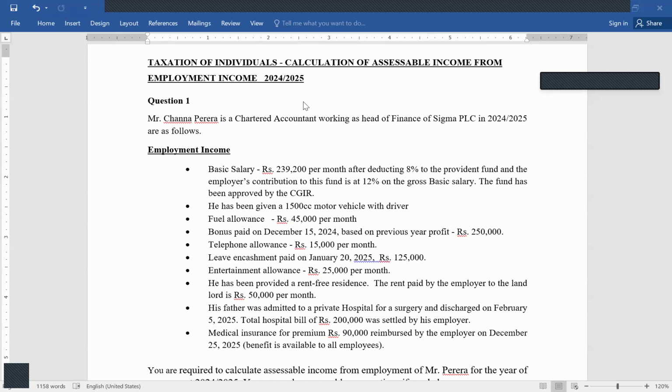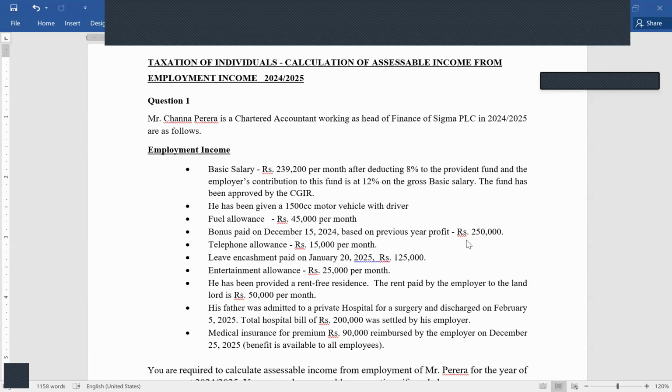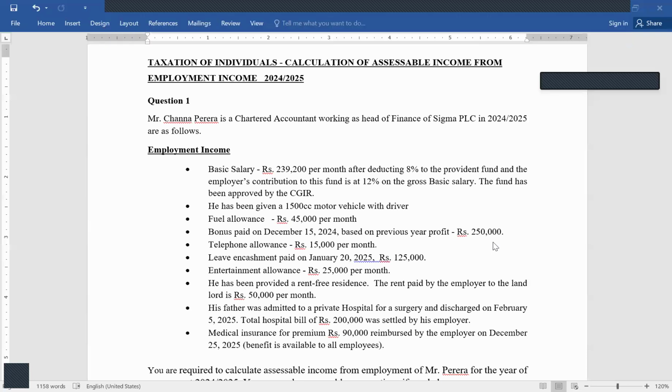Is it okay? Okay, then we can move to the next one. Bonus paid on December 15th, 2024 based on previous year profit, 250,000. Is it a liable amount or not?